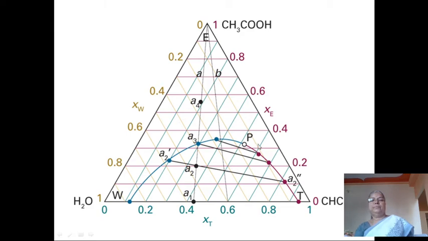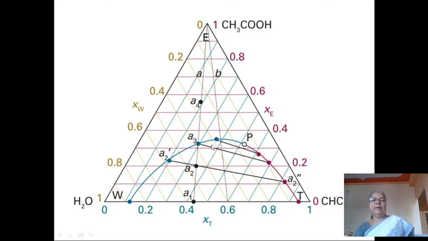Suppose this is our P point, and at this P point we can have the composition of acetic acid 0.4, the composition of CHCl3 0.6, and the composition of H2O. Okay, this is the phase diagram of the three component system.